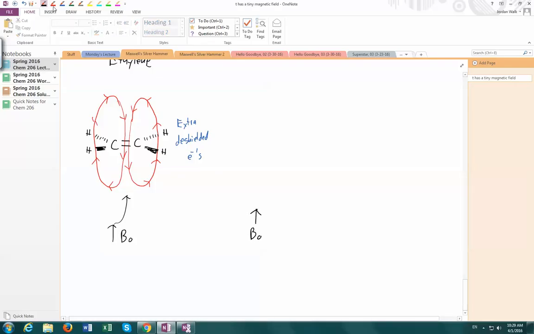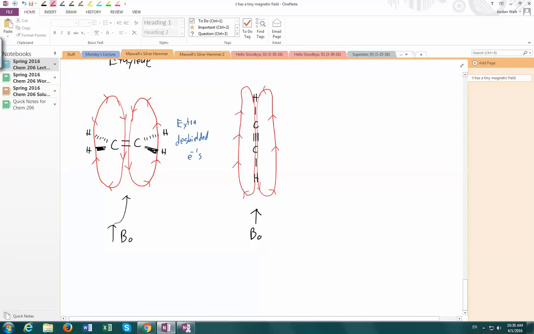So we've got our B naught, and so what happens is our acetylene ends up lining up, and it's because of the extra pi bonding density, like this. And so again, we're going to have a picture where the middle of our molecule is going to oppose the B naught. And so that means that they're going to be going in this direction.